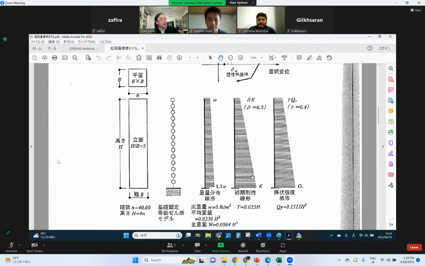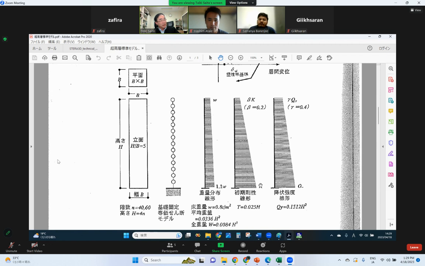First you assume some value for k, and you can calculate the natural period T, and you can adjust k, increasing and checking the natural period, to satisfy the target natural period from the empirical formula.